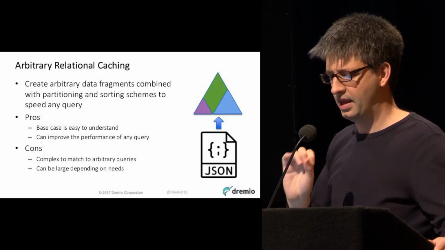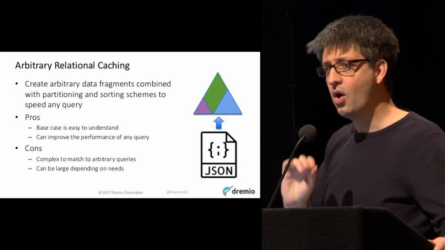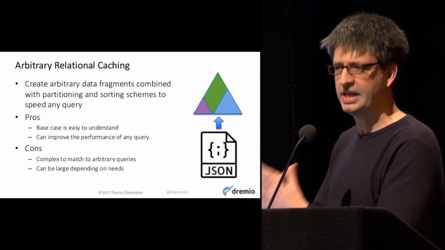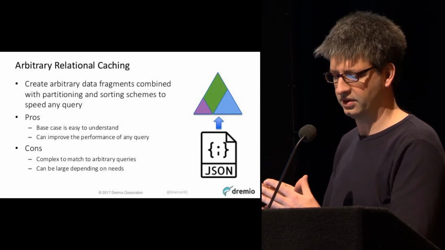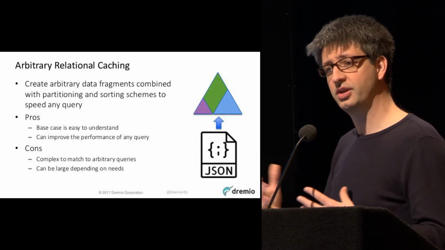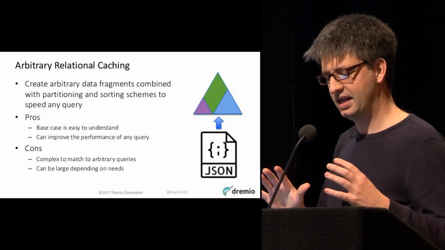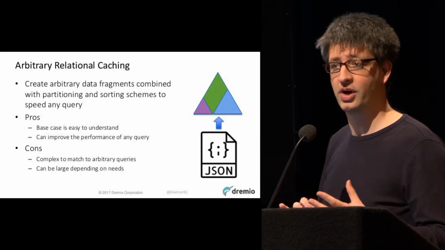It's great because it's very simple: this sub-portion of what I'm going to do, I'm going to save aside and reuse rather than having to do it every single time. That also means you can improve the performance of basically any kind of workload. The flip side is that, one, it's complex to match arbitrary queries.